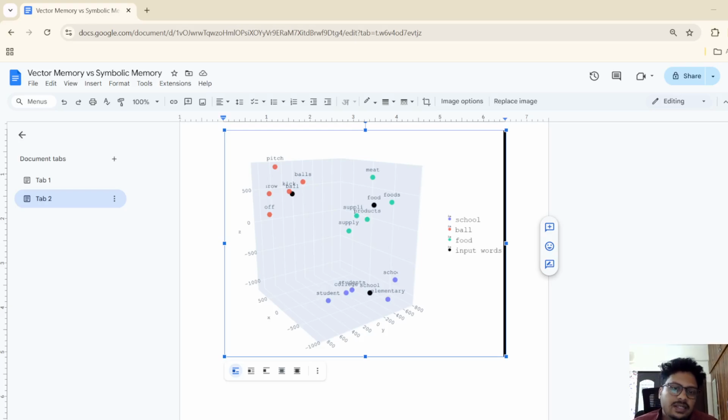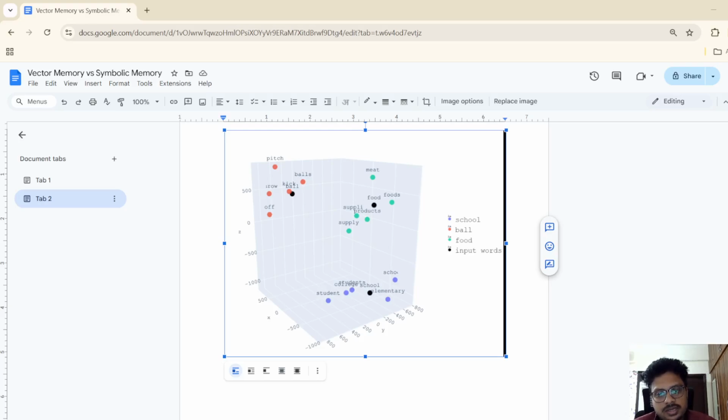Like you can see here, suppose you are standing here and this is multi-dimensional. There are multiple dimensions, not two dimensions, more than two, where the words or information are stored in the form of numbers.